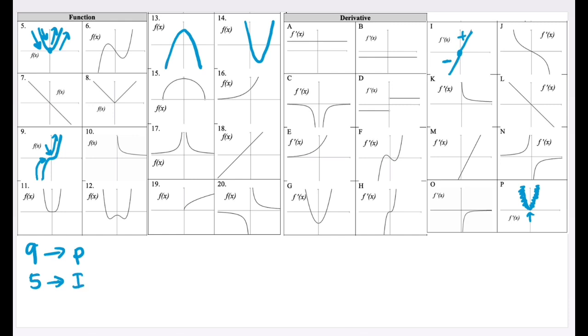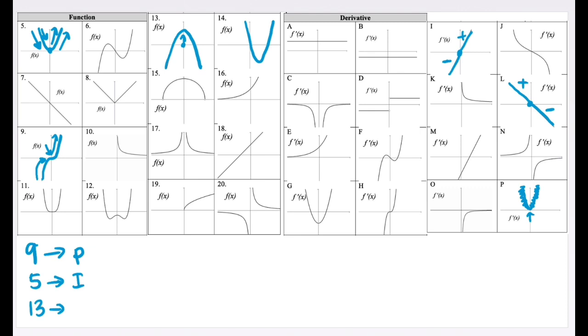Now let's look at graph 13. 13 is going to be increasing, and then at 0, where x is 0, it turns to decreasing. So this one's going to be positive, and then it's going to change negative. So here we have positive slope, here we have a negative slope.